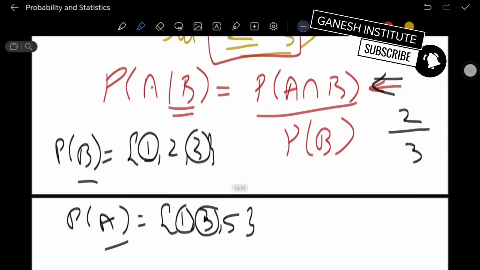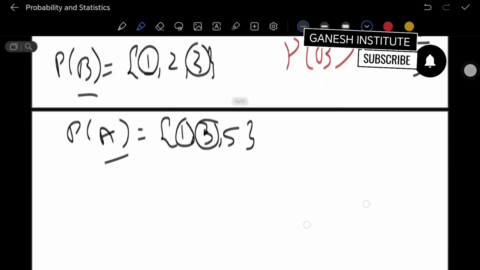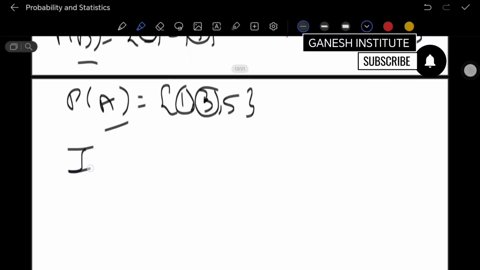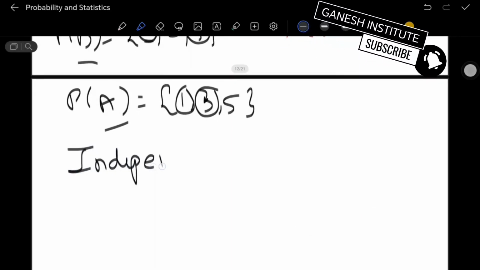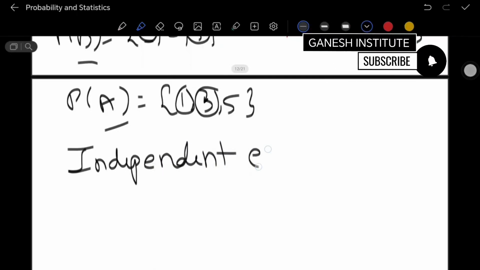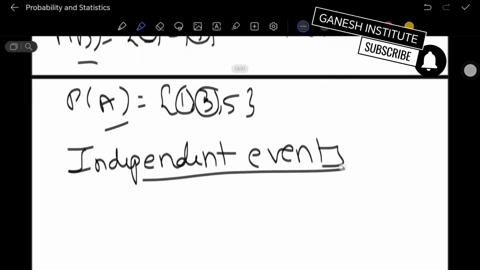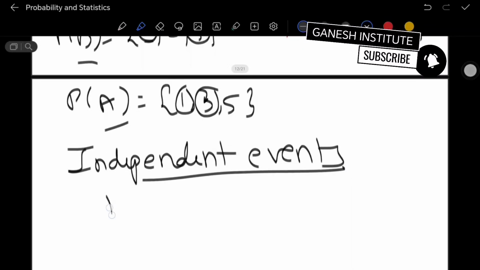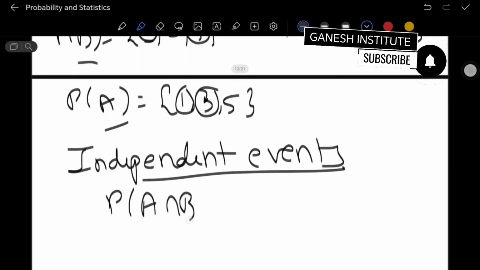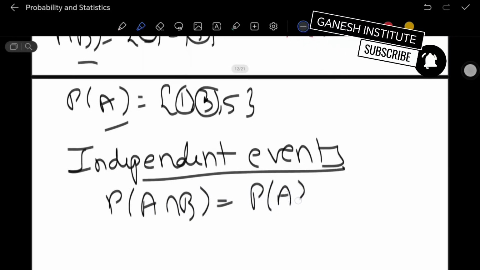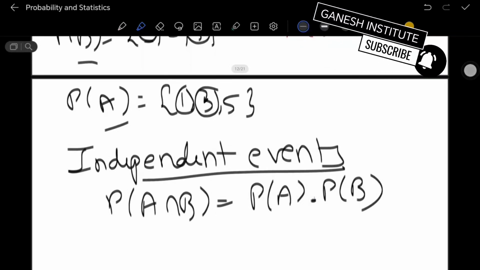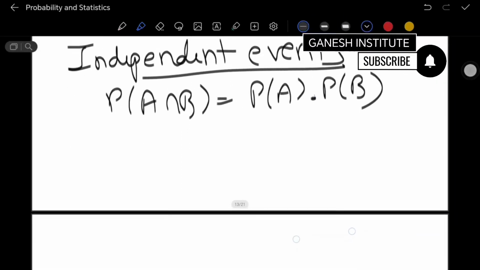When it comes to the total probability law, before that, I want to tell you about independent events. Do you know what independent events are? As the name suggests, these are events where the happening of one event doesn't depend on the happening of another event. In that case, the intersection is actually the multiplication of the individual probabilities.